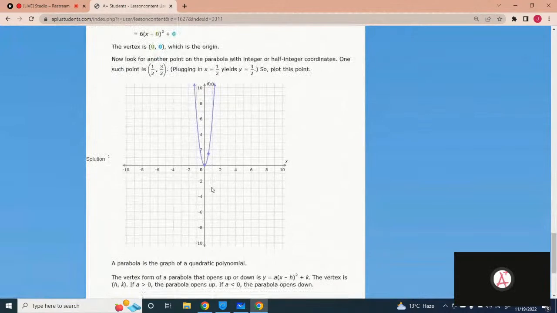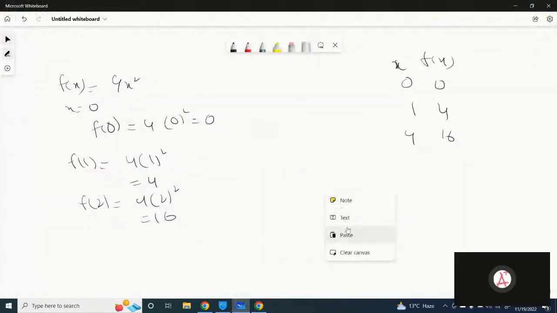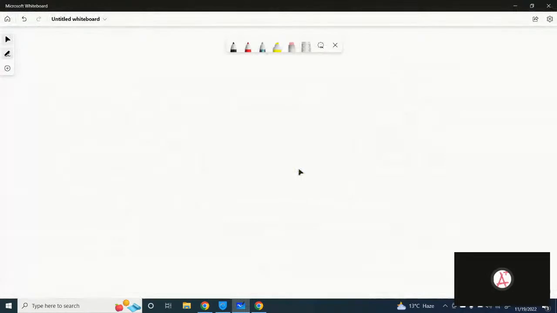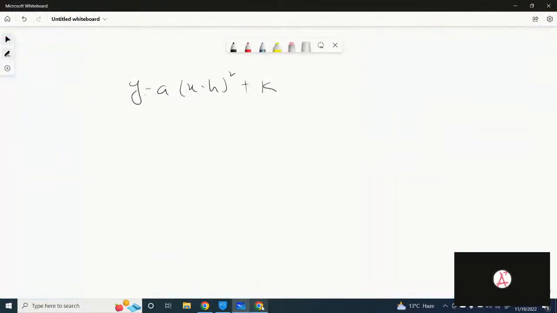Got it? One more thing, the vertex form of the equation of the parabola is y equals a times x minus h, whole squared, plus k. That is the equation of the parabola. Got it? This is a very important equation.